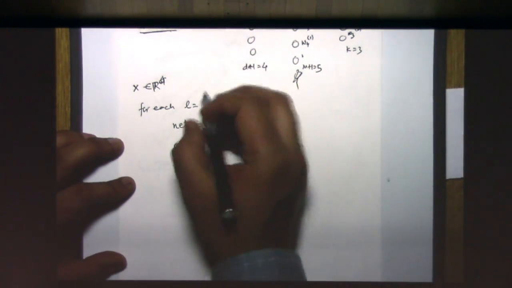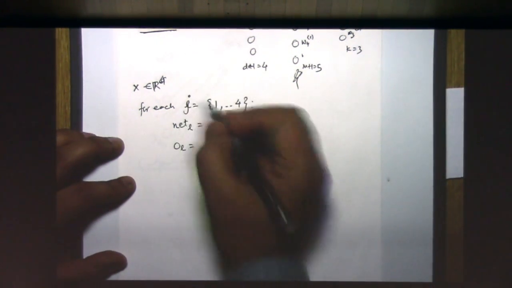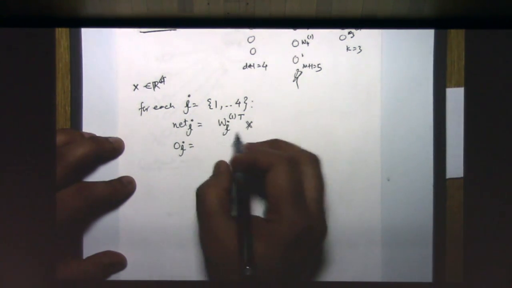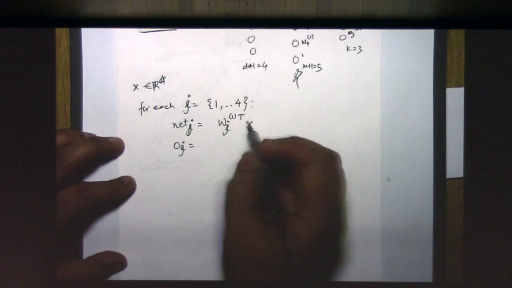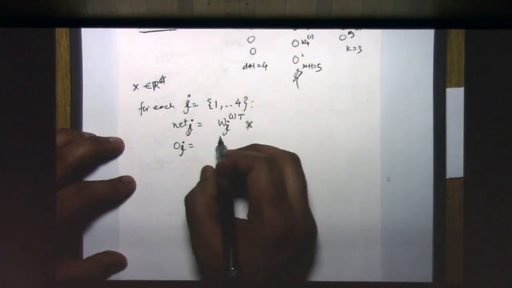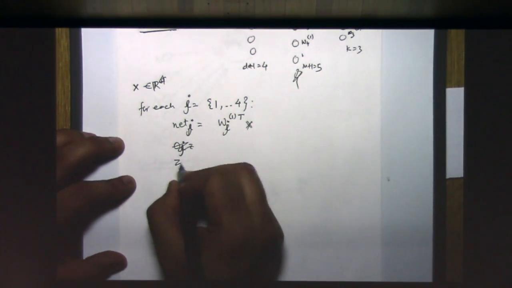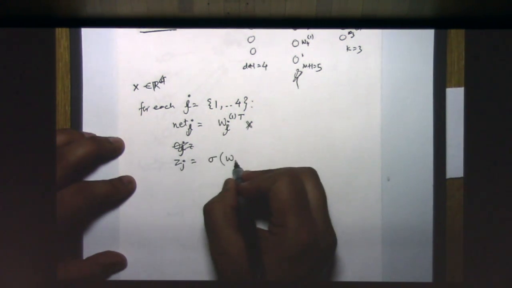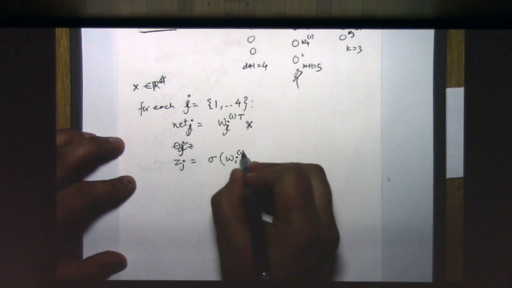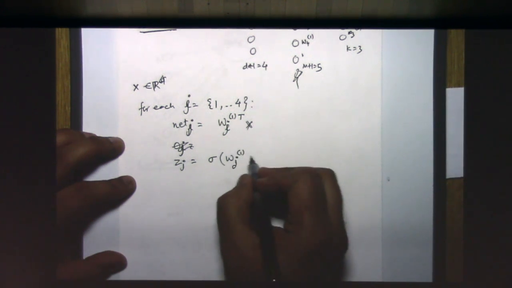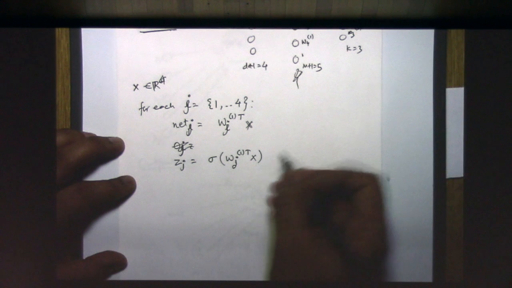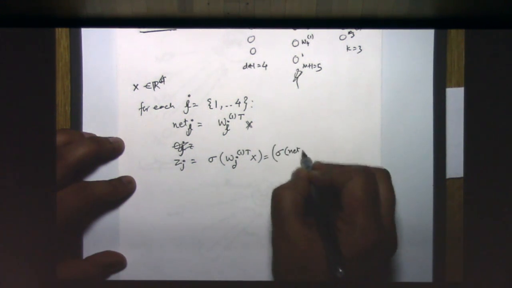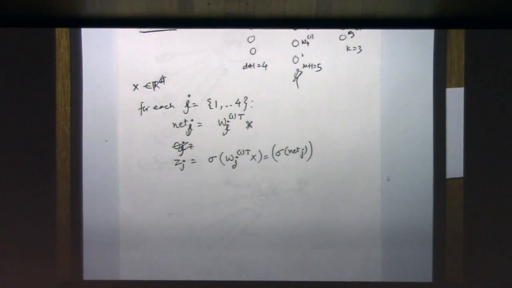Well, not L, we're using J here, sorry, J. So O of J will be, let's call it Z of J. Z of J is equal to sigmoid of WJ1 transpose X, which is essentially sigmoid of net of J. Right? So you compute this, right?